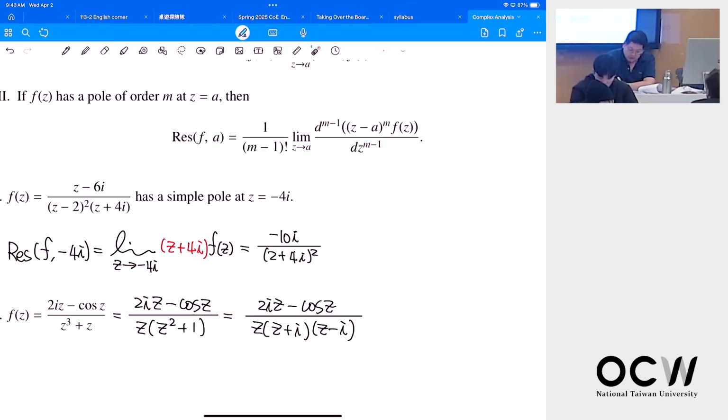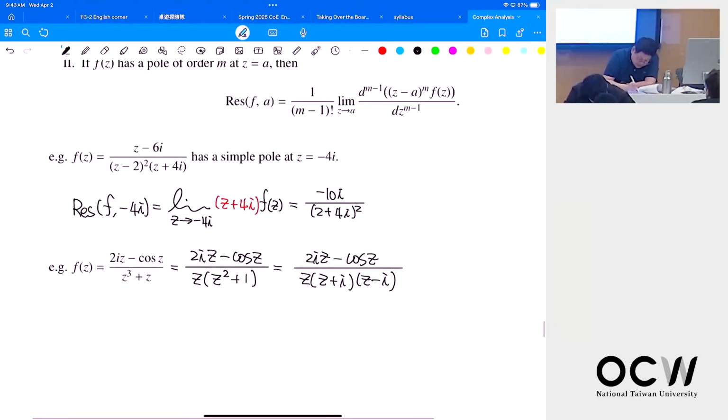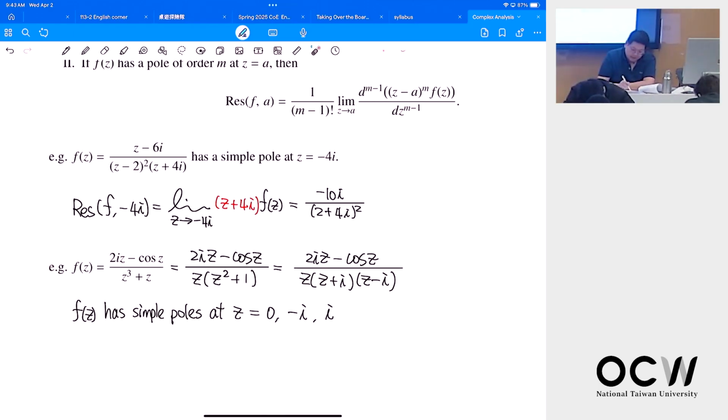So I have 3 poles, 0, minus i, and i. So this function has simple poles at z equals 0, minus i, and i. So please find the residue at z equals 0, the residue at z equals minus i, and the residue at z equals i.